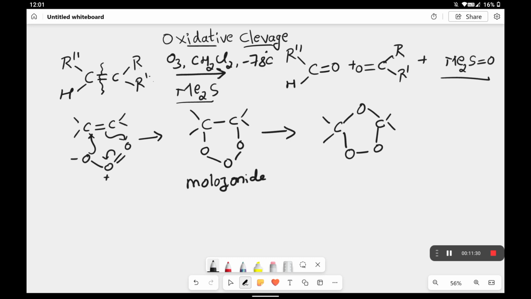Here, both the sigma and pi bonds of the carbon-carbon double bond are broken, and as a result two oxygens are on one side and one is on the other side. Then if you add any reducing agent like dimethyl sulfide, or zinc and water, or some other reagents, you will end up with the product.